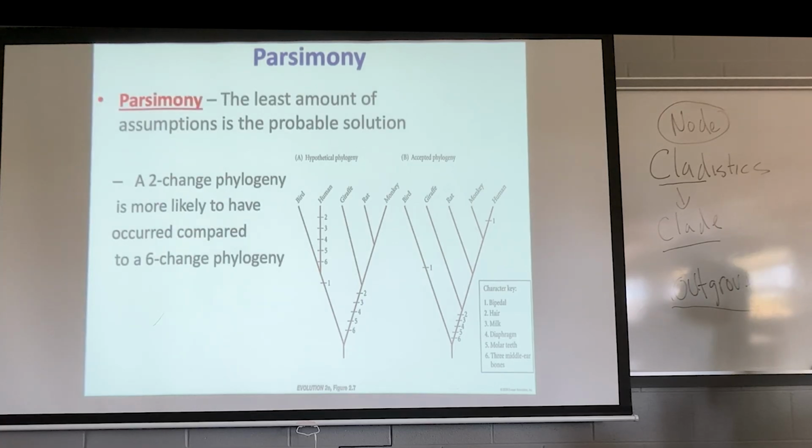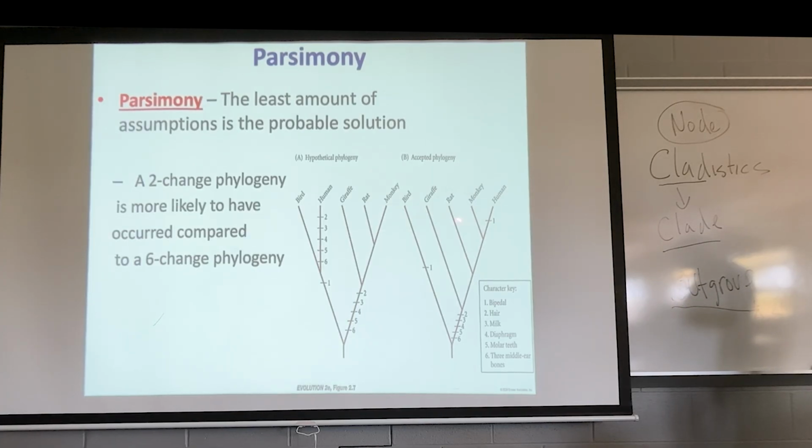So parsimony is a rule that we use in phylogenetics. The least number of steps or assumptions is the most probable solution. Every computer program that builds phylogenetic trees has parsimony built into it, so that the tree the program pumps out is the simplest, most direct tree. Because think about all the possibilities you could get, right? I mean, you could do all kinds of crazy stuff that would involve lots of different changes, which are probably not very probable.